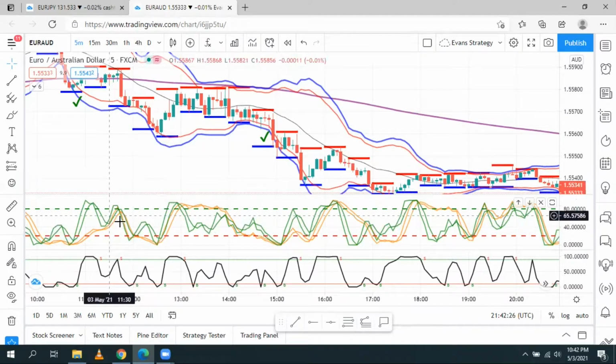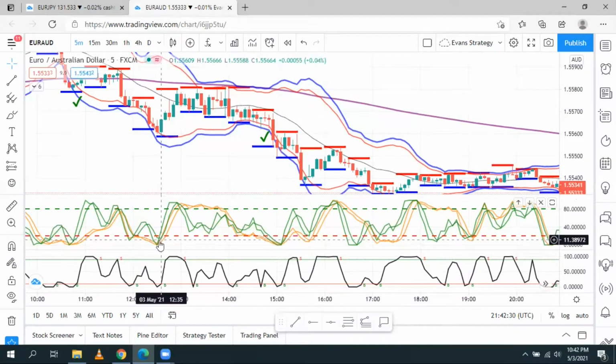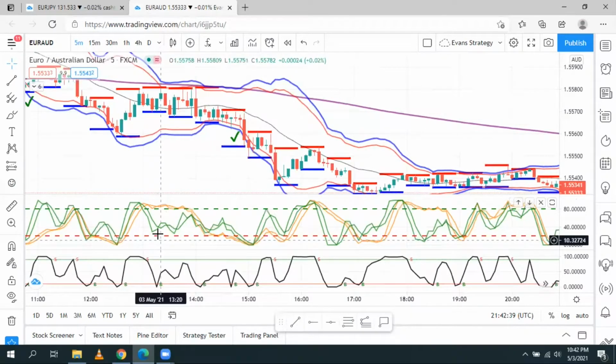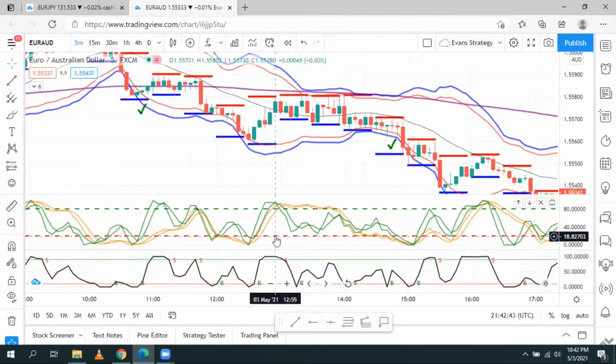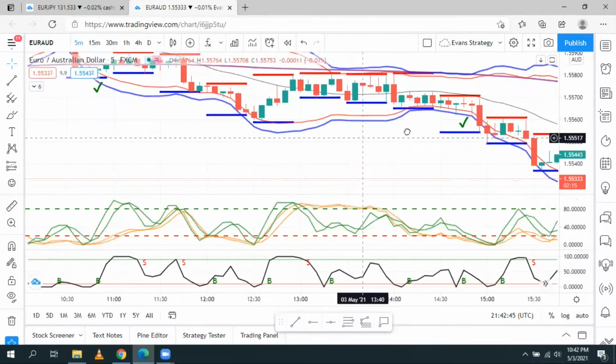Once these two cross this line, that means the market is oversold already. We are expecting a reversal. We are expecting a buy, right? That's the second confirmation we are looking for, which is what we can see here right now. We can see that both actually crossed in this market right now.